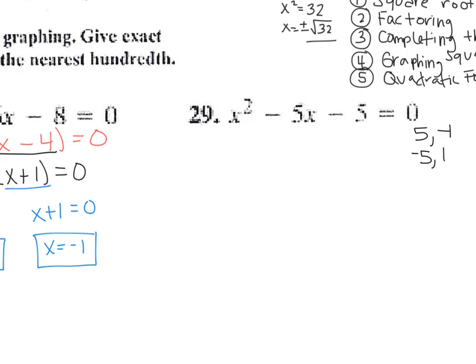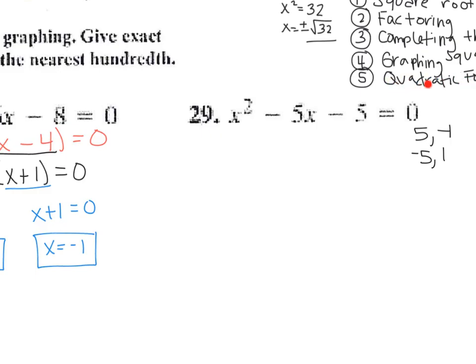I can't. These two don't add up to negative 5. So I could complete the square, but I'm going to do some examples of completing the square. I could put it in my graphing calculator, but we haven't done graphing calculator in Algebra 1.